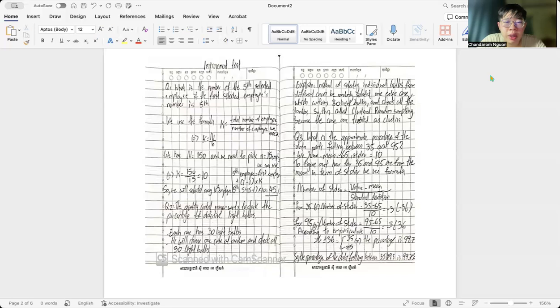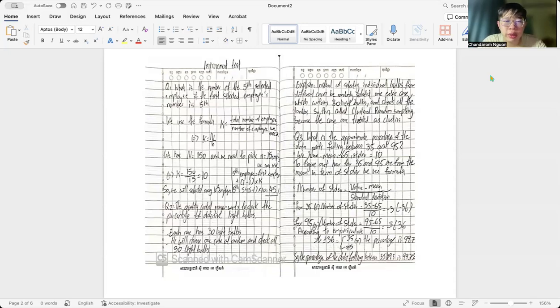Instead of selecting individual bulbs from different cases, he randomly selects one entire case, which contains 30 light bulbs, and checks all the light bulbs in that case. This method is called cluster random sampling because the cases are treated as clusters and one cluster, a case, is randomly chosen to represent the group.